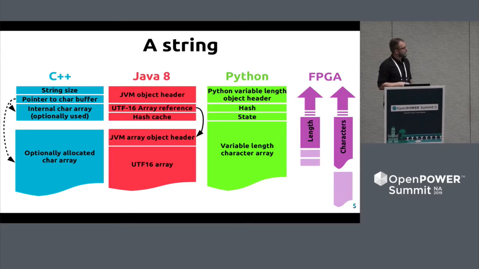And also it's not really in a format that helps me a lot, because I have to traverse these pointers and pay memory latency and that sort of stuff. For an FPGA guy, I would like to have a stream with the lengths of the strings and another stream with the characters of the strings. For me, as an FPGA guy that wants to create some sort of data flow design, that would be much more convenient.